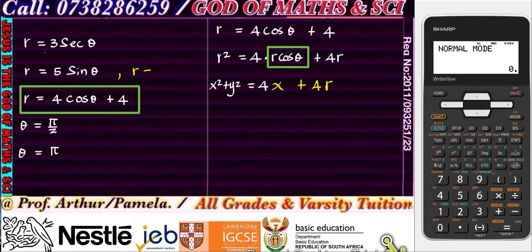But we still have a problem. That r needs to disappear. So what I can do, I can take this 4x to the other side there. And then I'm going to write x squared minus 4x, that part, and then plus y squared.